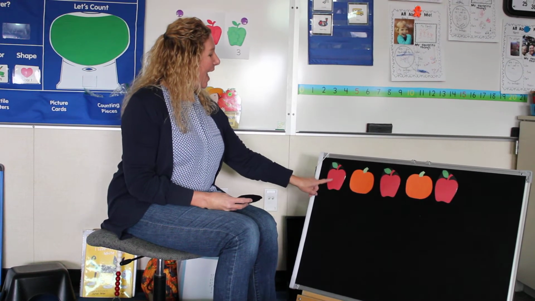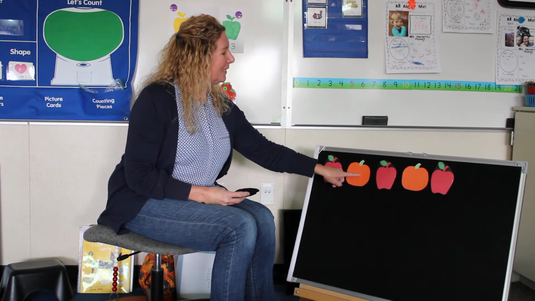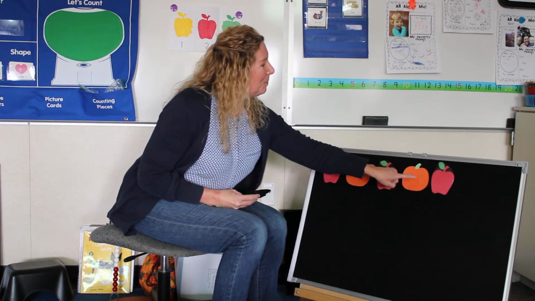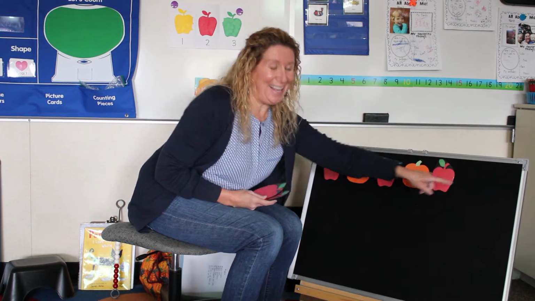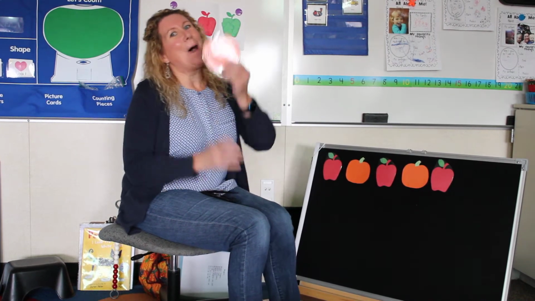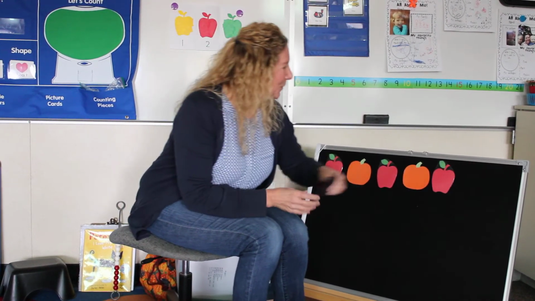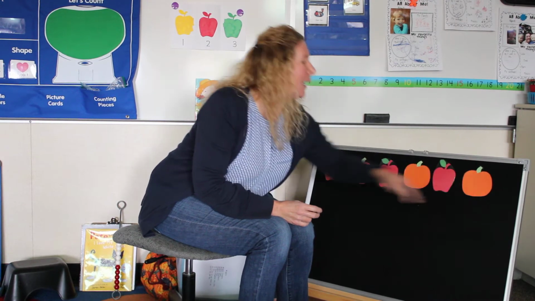Let's see if we can figure out what comes next. Apple, pumpkin, apple, pumpkin, apple. That's right. Pumpkin. Oh, preschoolers, you are going to be experts at making patterns. That was really fun.